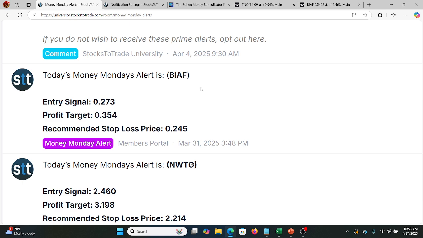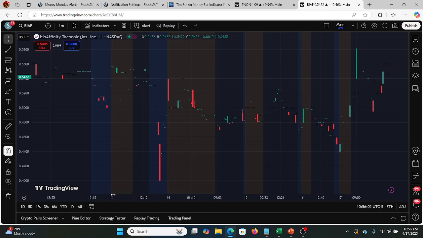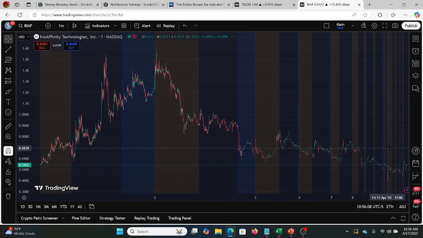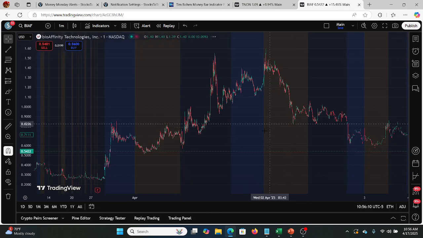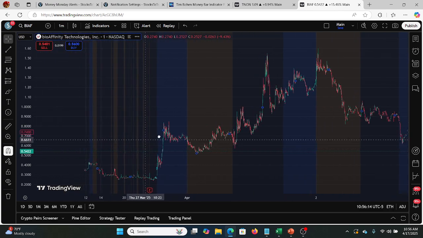So bear that in mind if you're thinking about purchasing this system. But this example was a bit easier to see, March 31st. So I'll just zoom in here. So this one, right here.